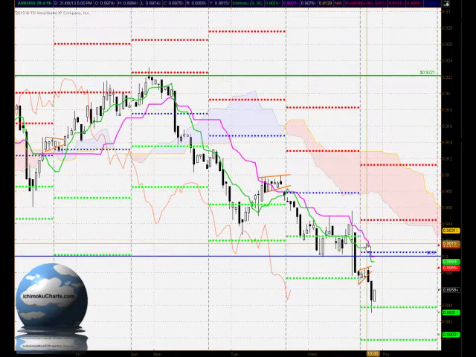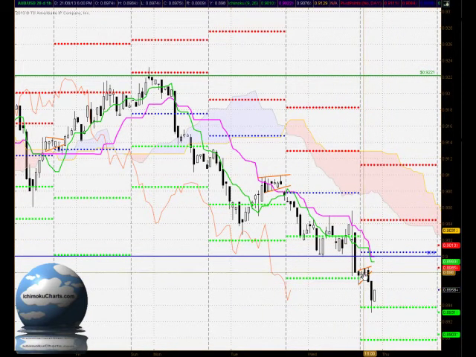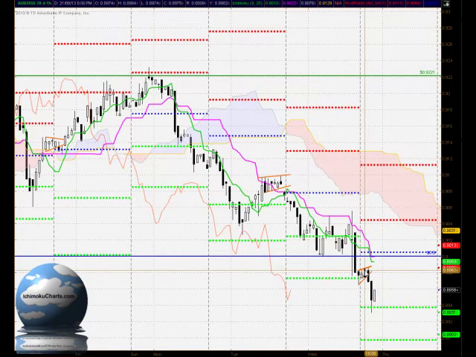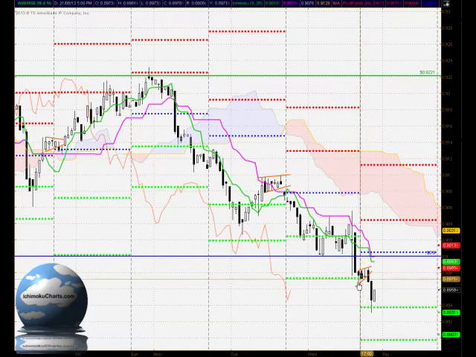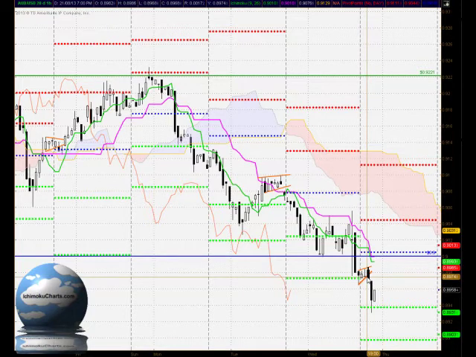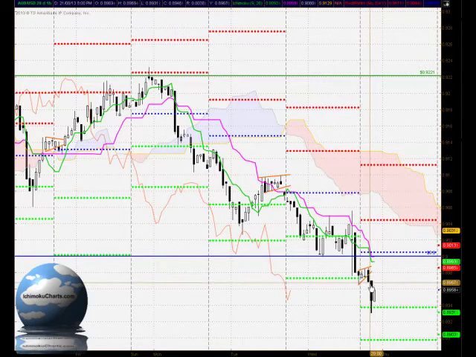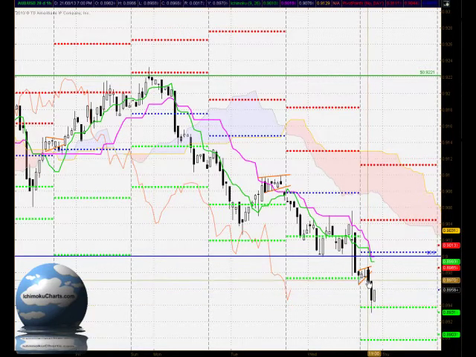Now, in terms of patterns, we did have some small congestion here recently over the previous couple of hours, and some sort of a wedge that moved against the trend, a little pennant type pattern, not really a pennant, but more of a very small wedge that formed quickly. We had the solid bearish close down below the bottom barrier of the pattern, confirming the pattern, and we're seeing some follow through after the breakout down below that small pattern.